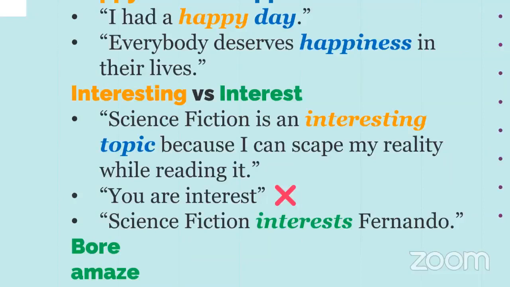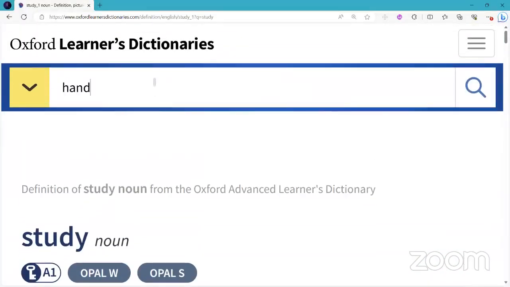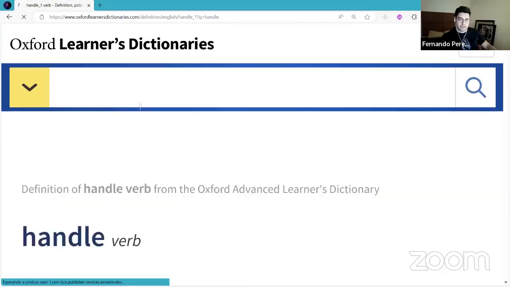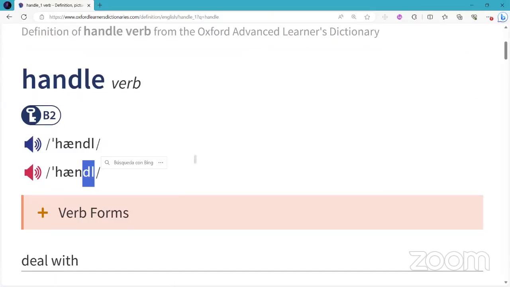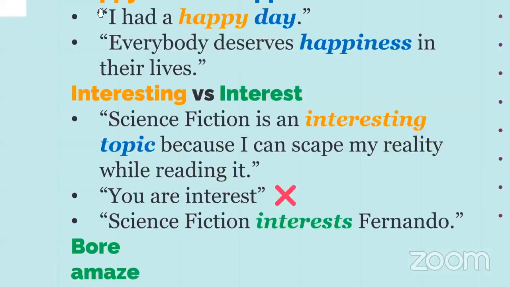No. Manage. Ah, handle. We can handle it. I agree. I think this is not impossible. This is an easy task.